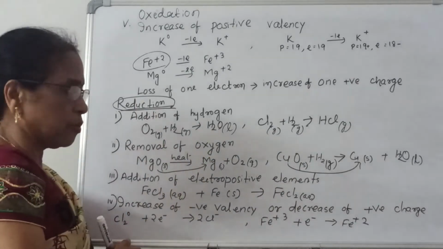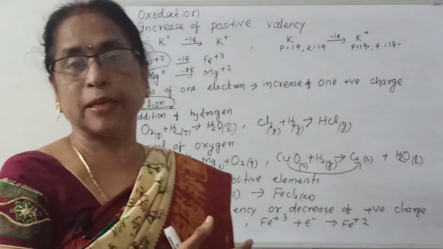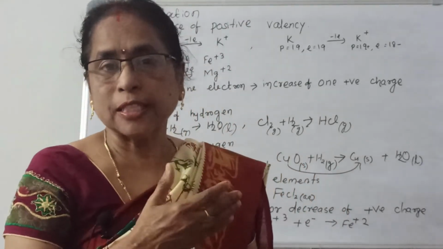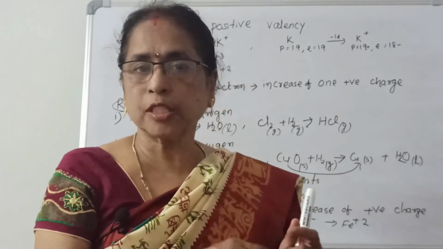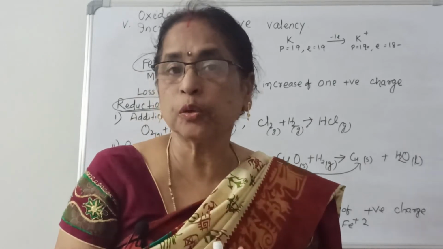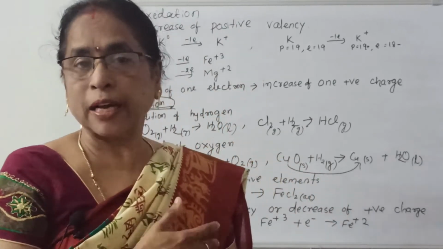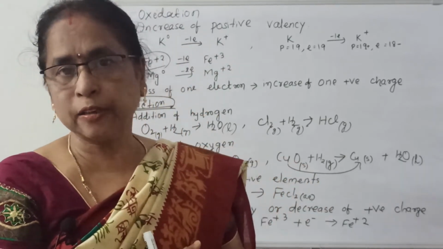Then come to the second one, addition of electropositive elements. Just now I told what is meant by electropositive elements. In the periodic table, the first group and second group elements, generally metals, are known as electropositive elements because they can lose electrons easily and change to positive ions.